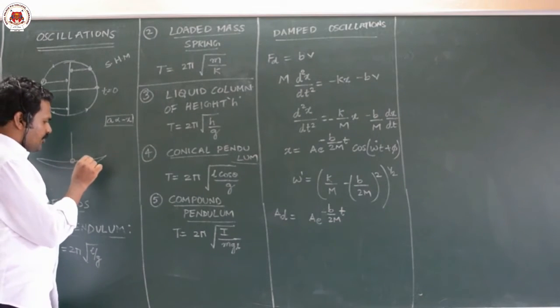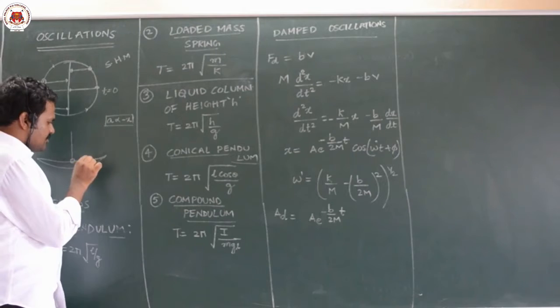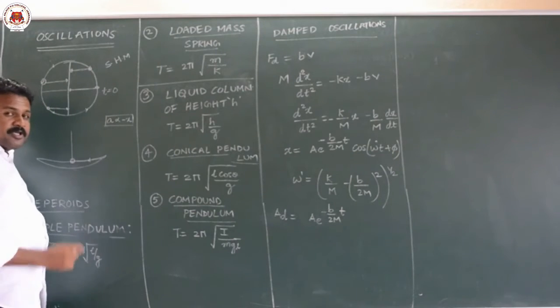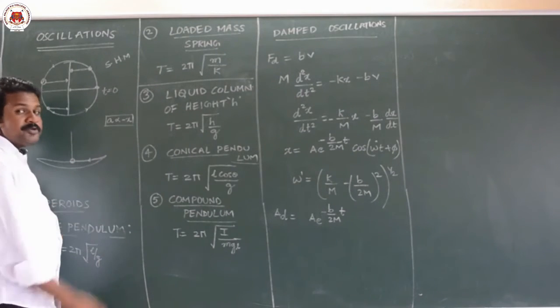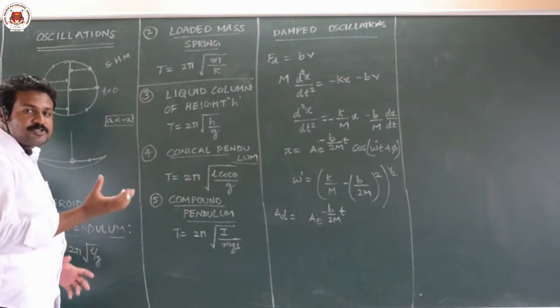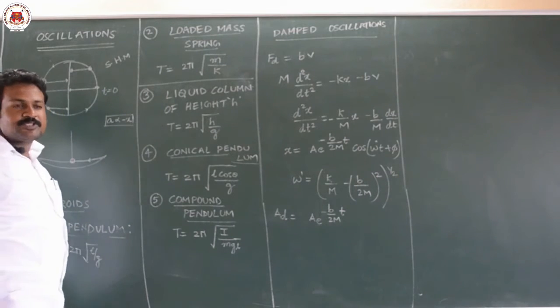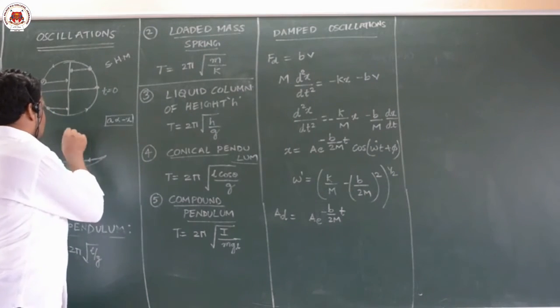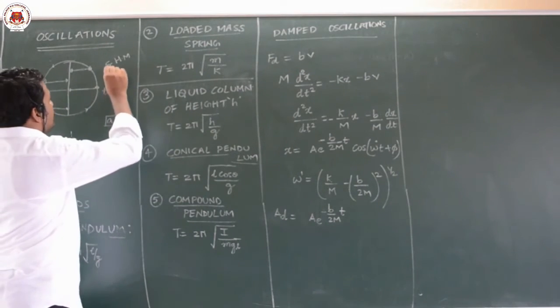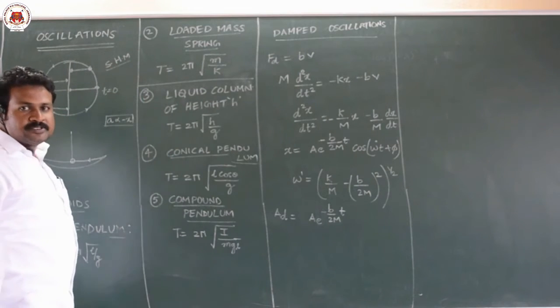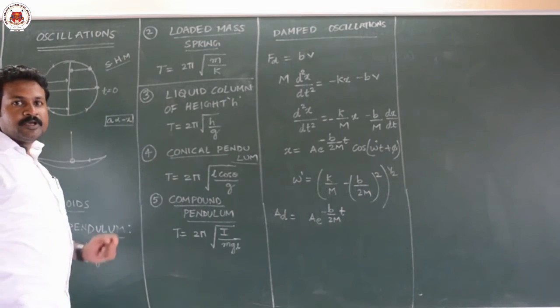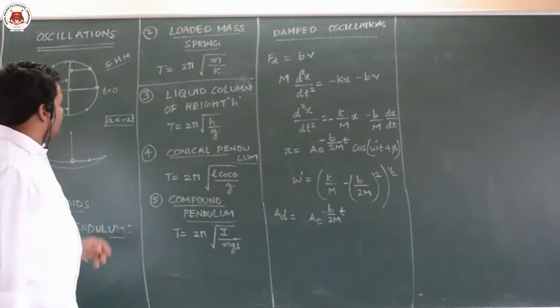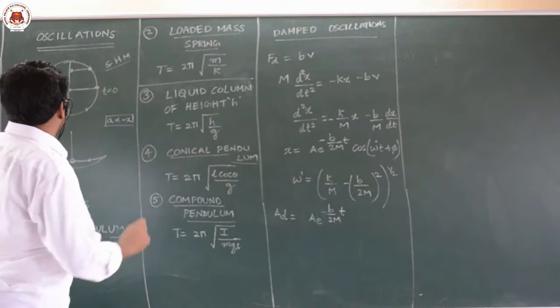When the simple pendulum is moving forward, it has an acceleration directed towards the mean position, because it always wants to come to the mean position only. A body tends to come to rest at the mean position. That is why this kind of oscillation is called simple harmonic motion. An example is the foot of the perpendicular dropped onto the diameter when a particle is revolving in a circle.